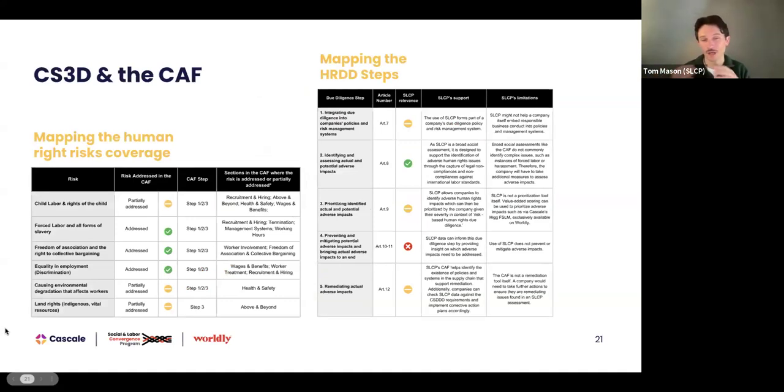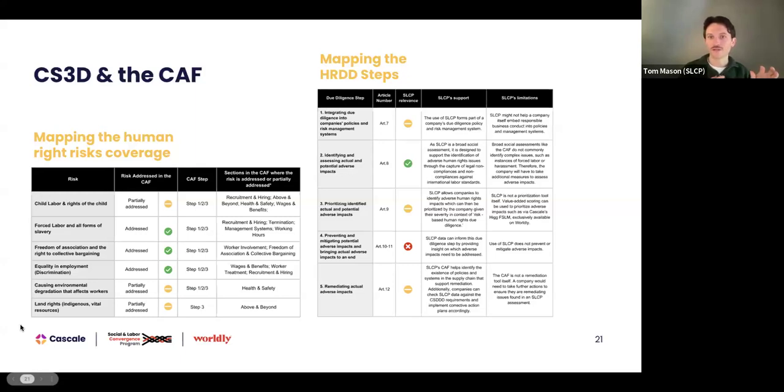If you're a manufacturer and you want to understand in a bit more detail what type of risks are covered within the CAF, this is also really insightful. And I know it's a lot of detail on a screen right now, but if you go and look at the toolkit and take a moment to read through, it's really good knowledge, particularly for facilities and users of the FSLM and the tool.